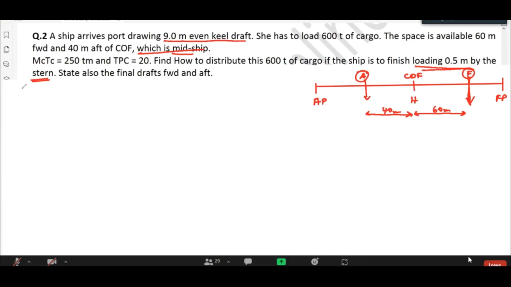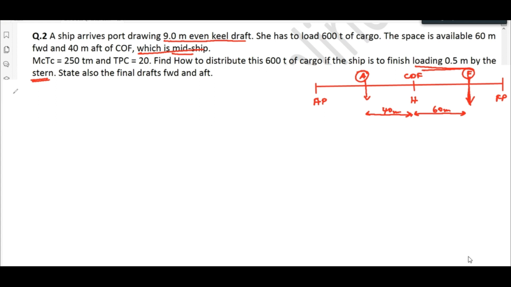Change of trim, if we do it first, how then we are going to solve, right?